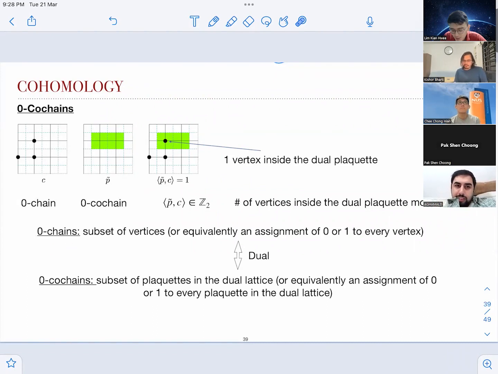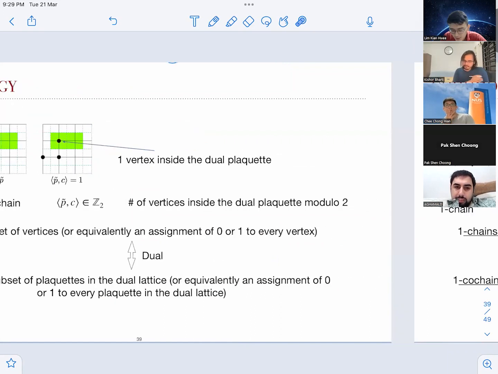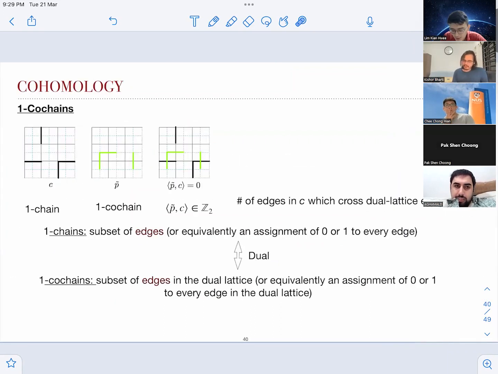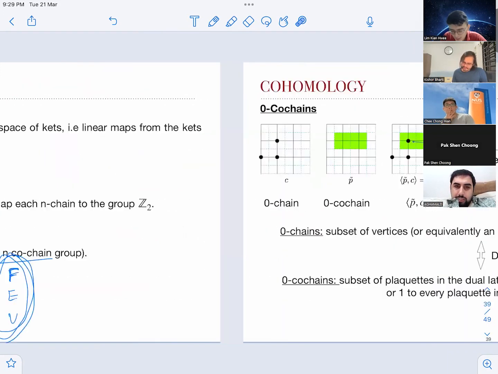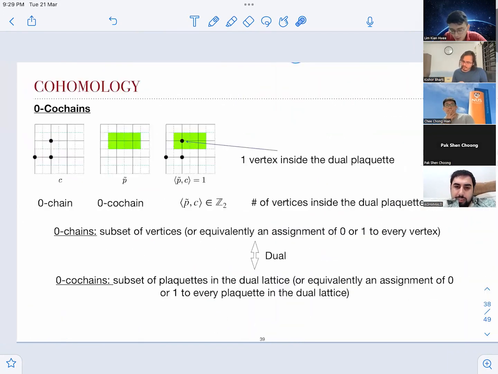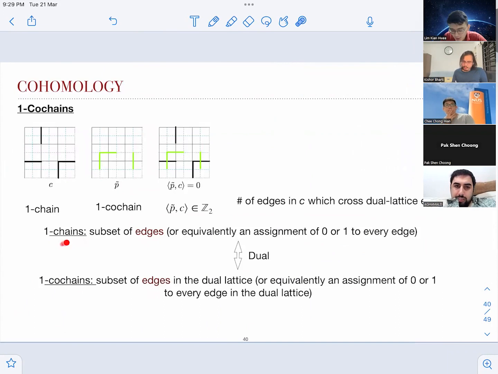So the zero chain was basically a subset of vertices, or equivalently an assignment of 0 or 1 to every vertex. Its dual, the zero cochain, is a subset of plaquettes in the dual lattice, or equivalently an assignment of 0 or 1 to every plaquette. Because edges get mapped to edges, a one chain is a subset of edges, or equivalently an assignment of 0 or 1 to every edge.